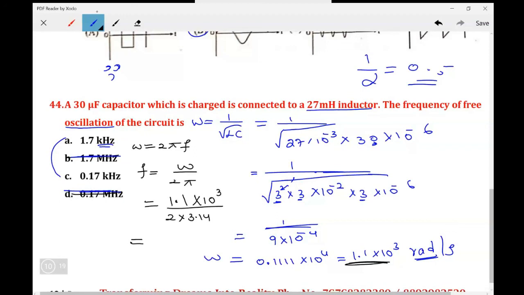So 1 by 6 will be less than 0.5, which means you can go for 0.17 kilohertz. Without even simplifying, you can approximate and keep 10 to the power of 3, and you have your answer, because two options are eliminated and you only have to choose between the other two.